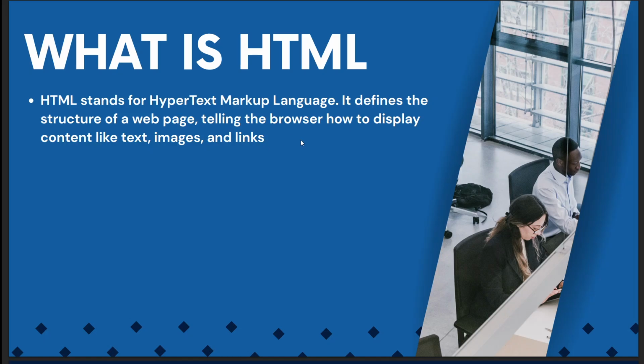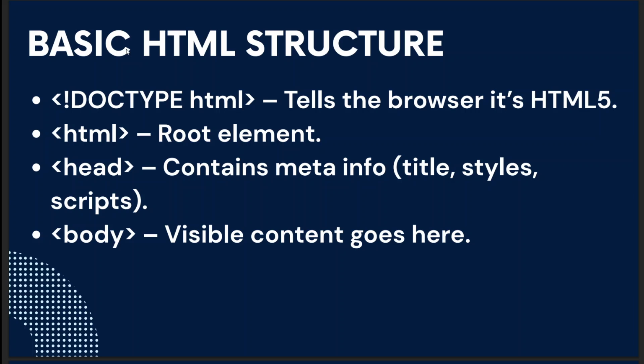Now, we're going to move to the basic HTML structure. So this is the basic HTML structure, and I'm going to write this in the code editor in our file that we are going to create.